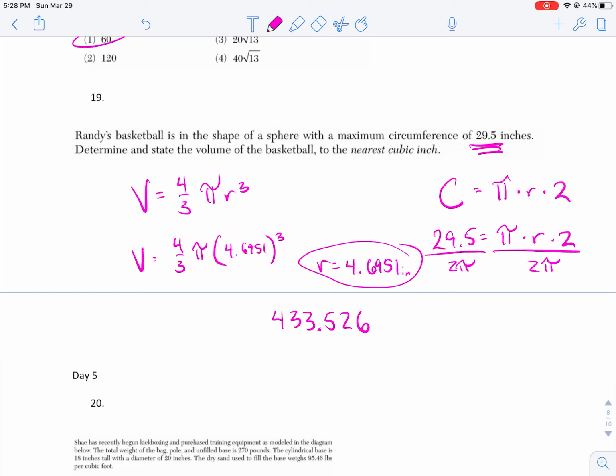I'm getting an answer of 433.526. It says round to the nearest cubic inch. So we go 434 inches cubed. Okay, so that is the answer to number 19.